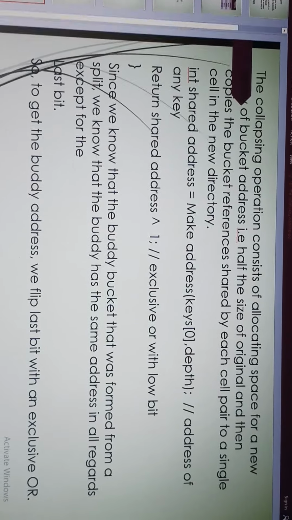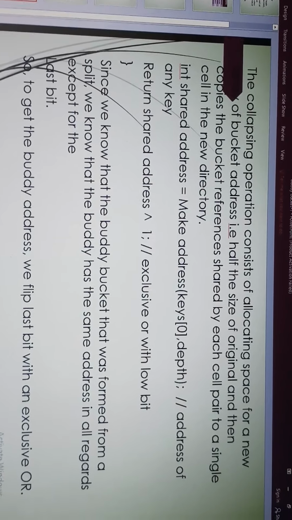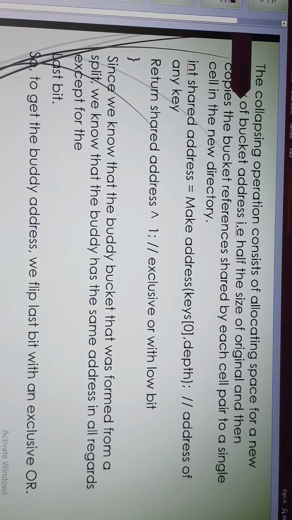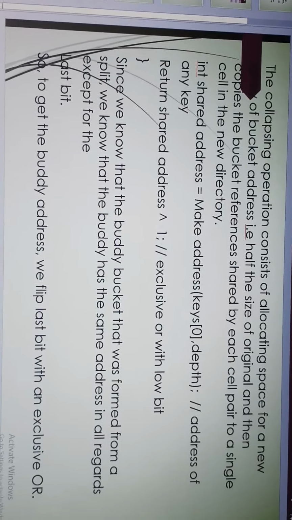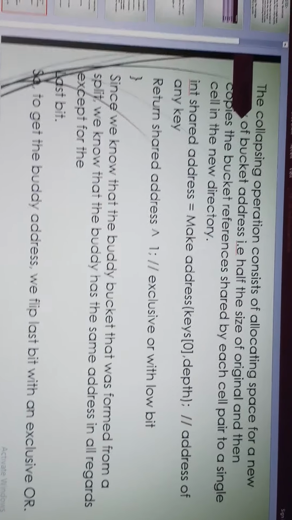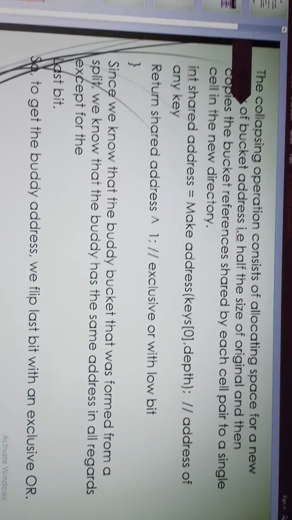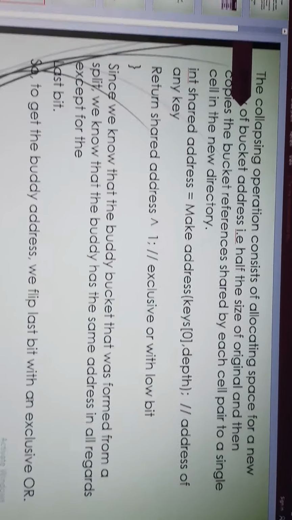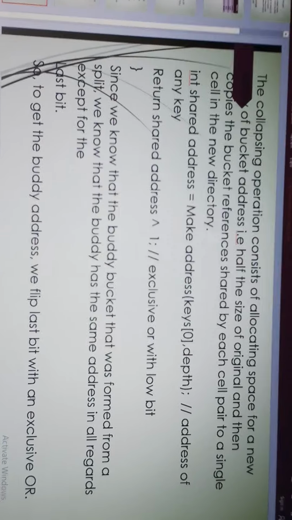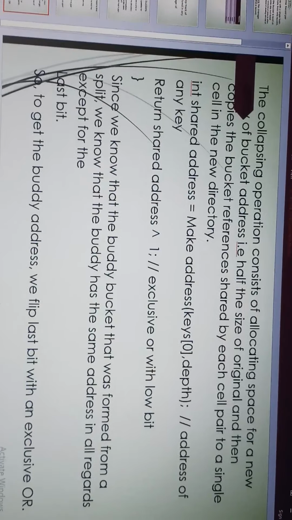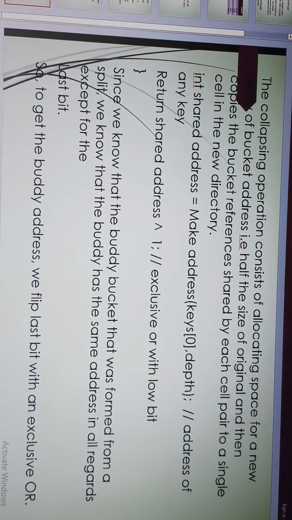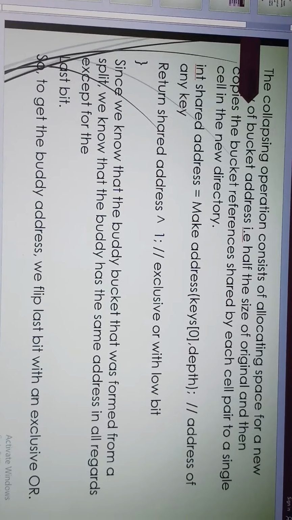Since we know that the buddies are formed by splitting each other, the buddy has the same address in all regards except for the last bit. From the starting till before the last bit, the address will be the same, but at the last bit it will change.